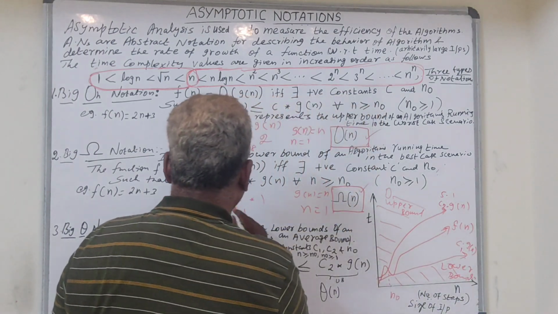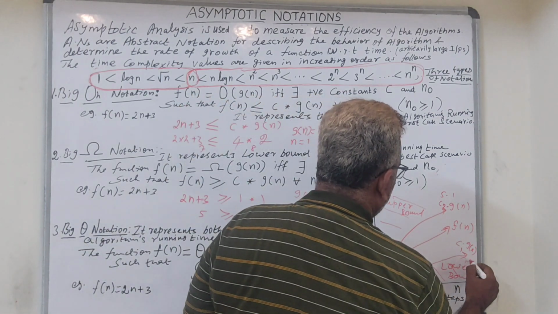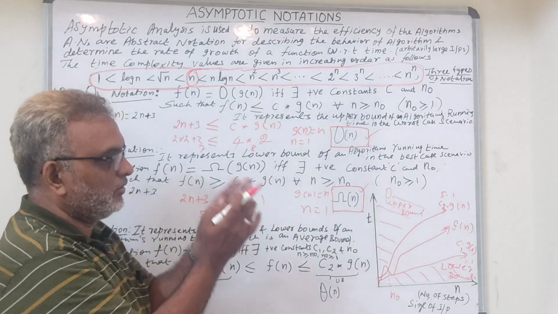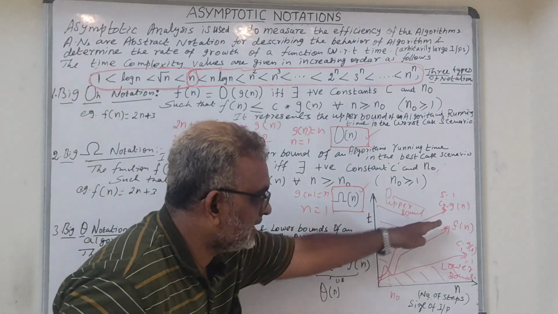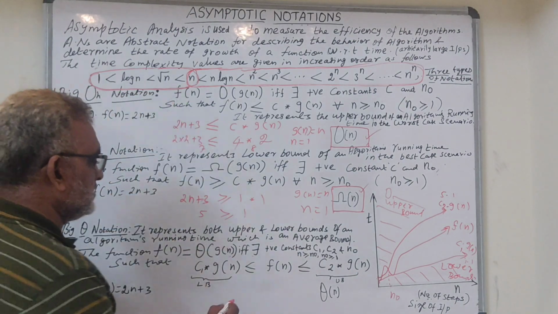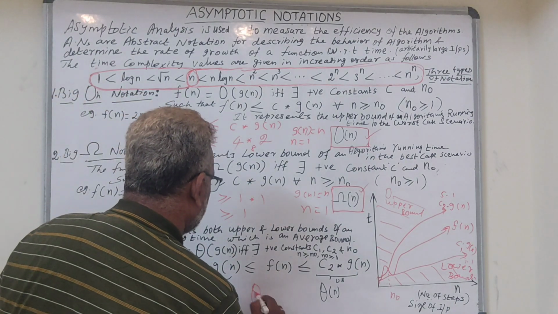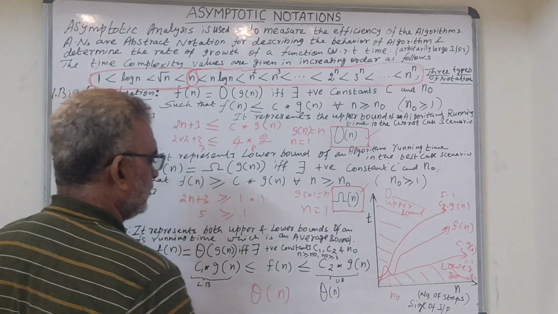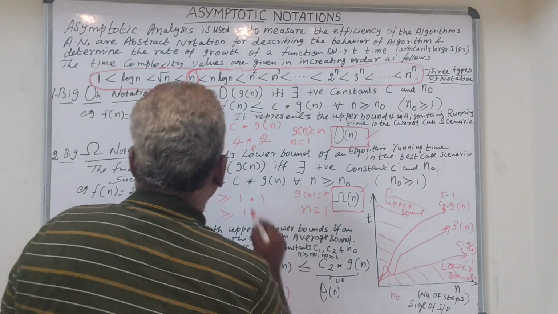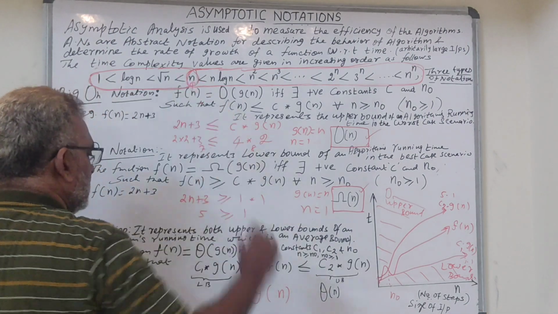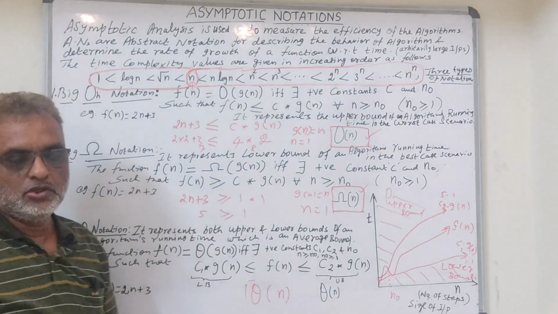And similarly the lower bound value is 1 into 1. So any value between these two, 5 and 1, that is our function, the average bound. So exactly we can say that the big theta is nothing but n. Okay, the big theta of n. So exactly it is n only.